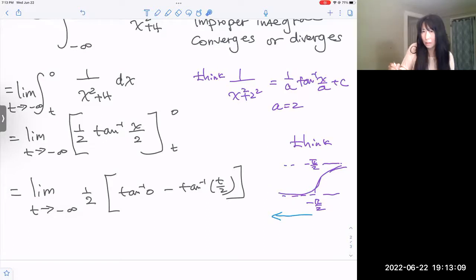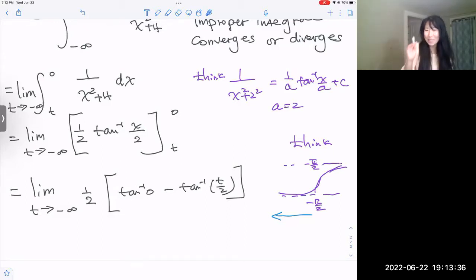It approaches negative pi over 2. It never goes below negative pi over 2 on the y-axis.